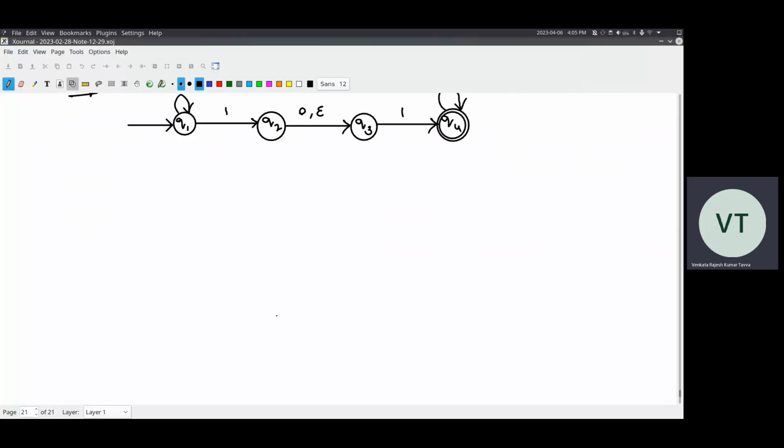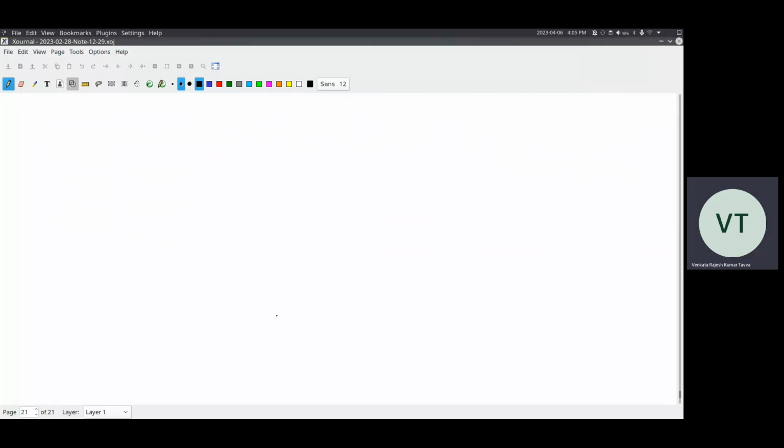But before that, let me write the distinctions between a deterministic finite automaton and non-deterministic one. Yes, that's what I'm going to write later.